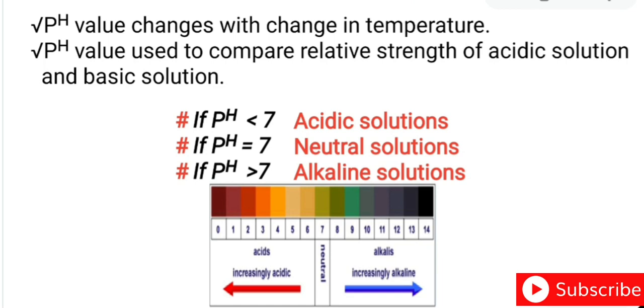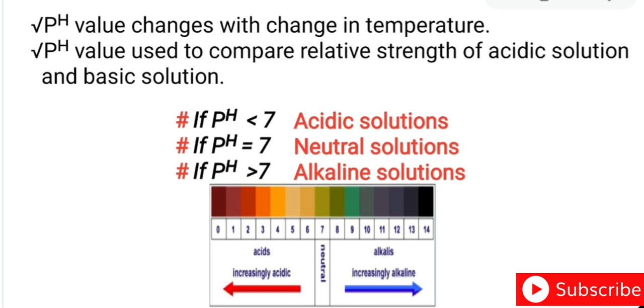The acid dissociates very fast and produces more hydrogen ion. When the concentration of hydrogen ion is more, as the pH value depends on the concentration of the hydrogen ion, it will change the value of the pH.